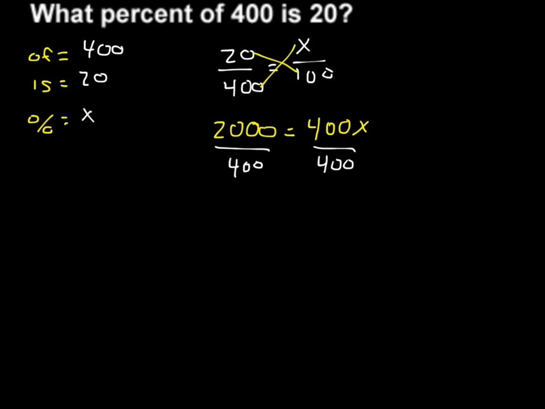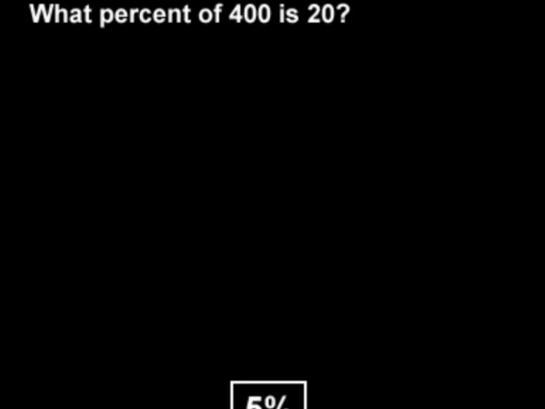So x equals, and anytime you're dividing something, these cancel out. The zeros cancel out, so it's 20 divided by 4. And we actually know that. It is 5%. Alright. So I'll pause here.